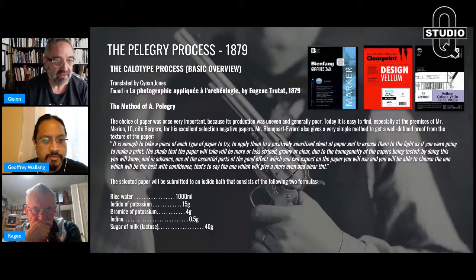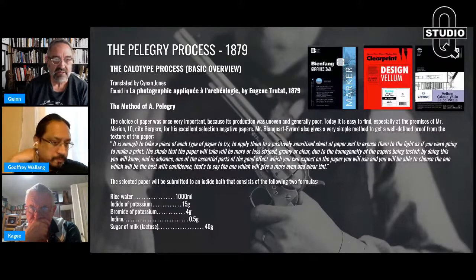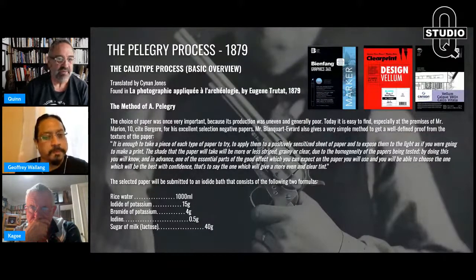By doing this, you will know in advance one of the essential parts of the good effect you can expect from the paper you will use and be able to choose the one which will give the best confidence, that's to say the one which will give a more even and clear tint.